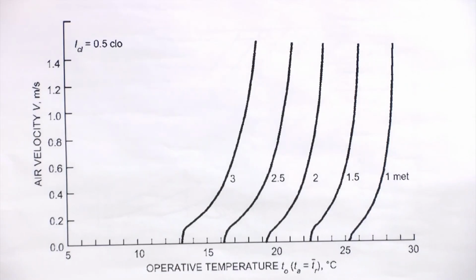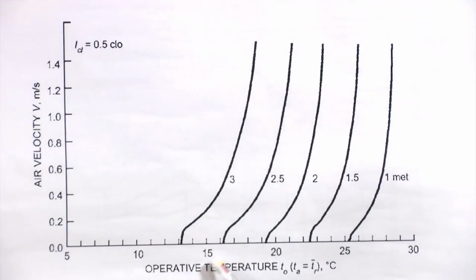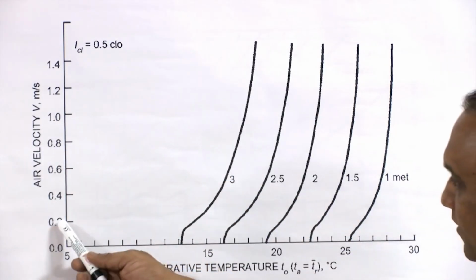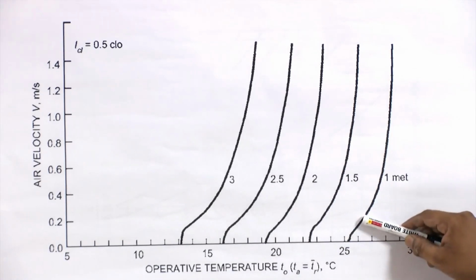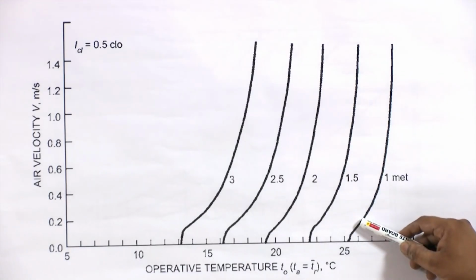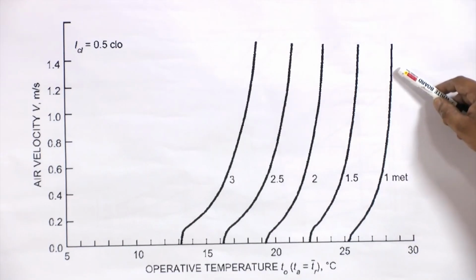Now, suppose one met activity is there, where air velocity is not 0, we take approximately 0.2. So operative temperature is approximately 26 or 27 degrees centigrade, 26 point something. But the moment velocity increases, we can go for higher operative temperature.